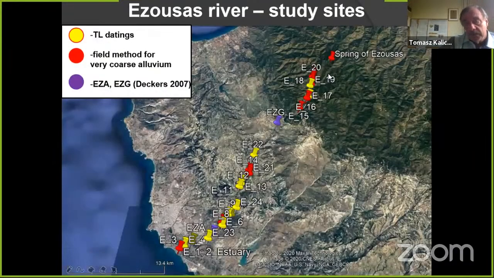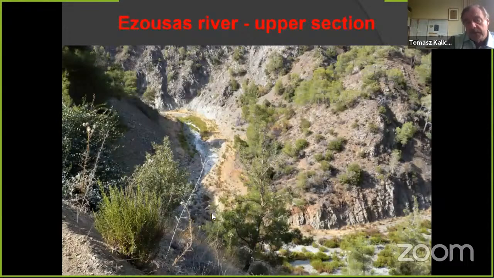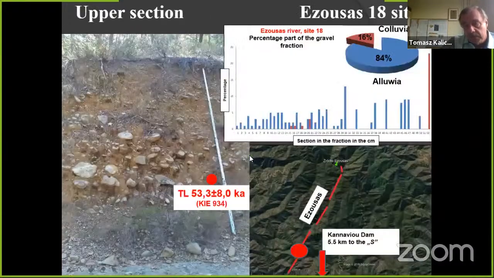Here are the study sites along the river, and this is the landscape of the upper section of this Azosas. You see a very narrow river bottom and very steep slopes. And if you look at the sediments, what is characteristic? There is a fairly big part of colluvium in the alluvial sediments.